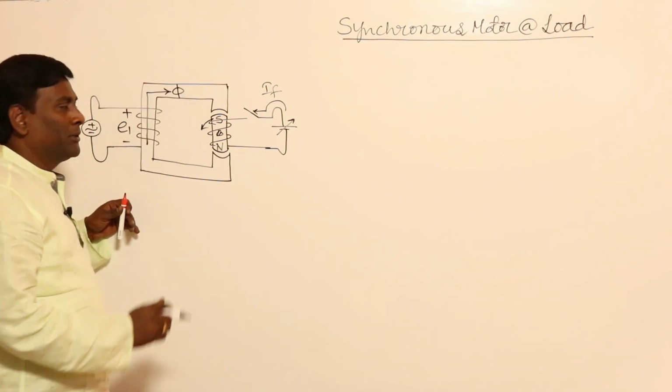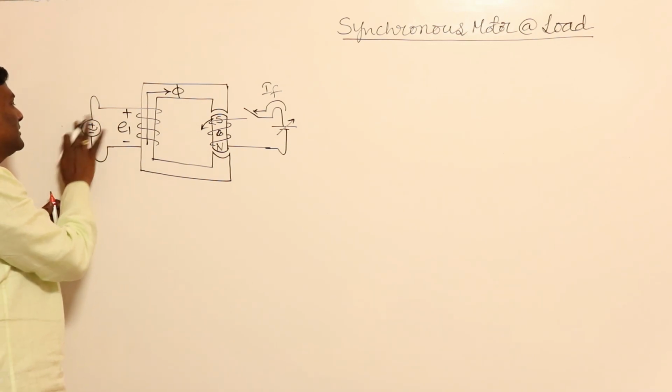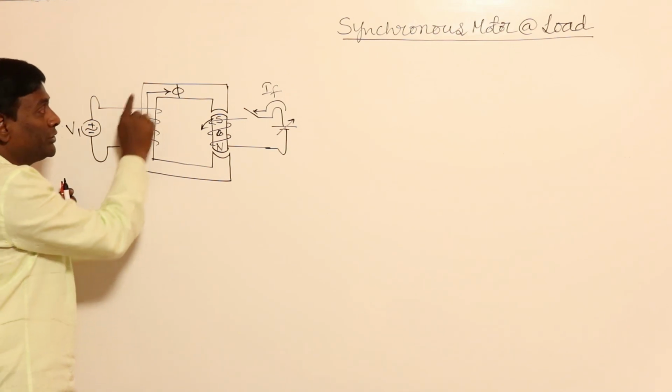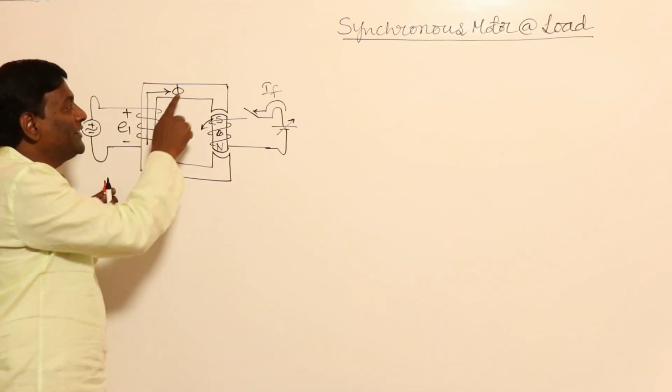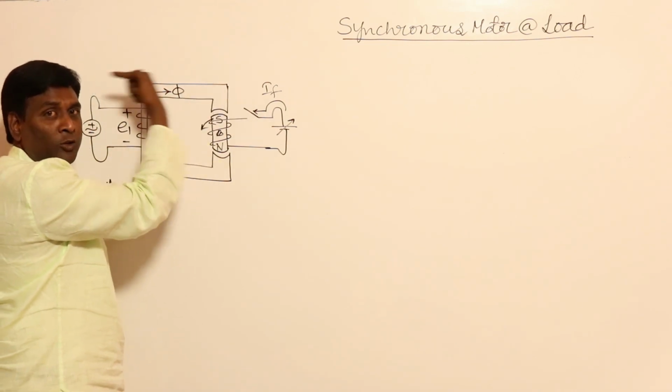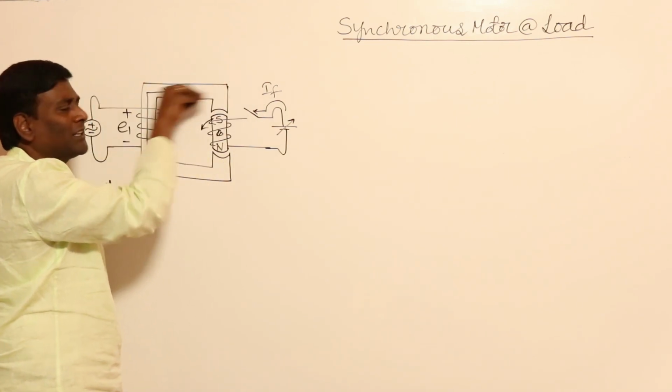Okay, for example, is this AC or not? Yes, it is AC. If it is AC, flux is going to be 0, positive max, 0, negative max, 0, positive max. Like that, this flux is going to be varying.